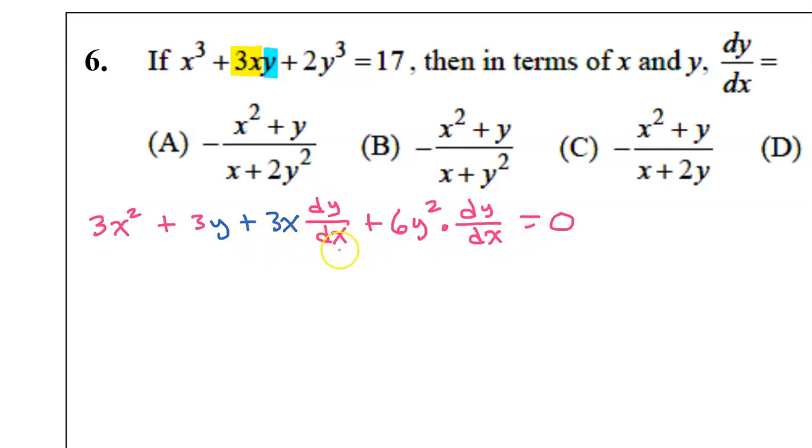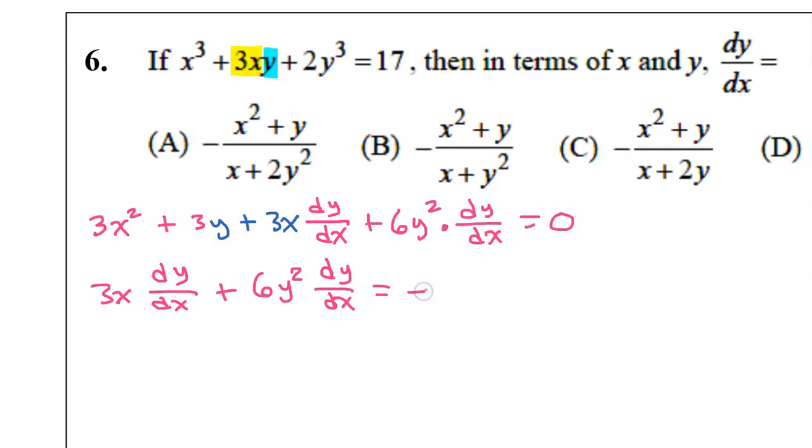To solve this for dy dx, we need to get the terms that have a dy dx in it on the left side of the equation, and we need to put everything else on the right-hand side. So we will keep the 3x dy dx on the left side, and we will keep the 6y squared dy dx on the left side of the equation. But we will subtract 3x squared and 3y from both sides of the equation.